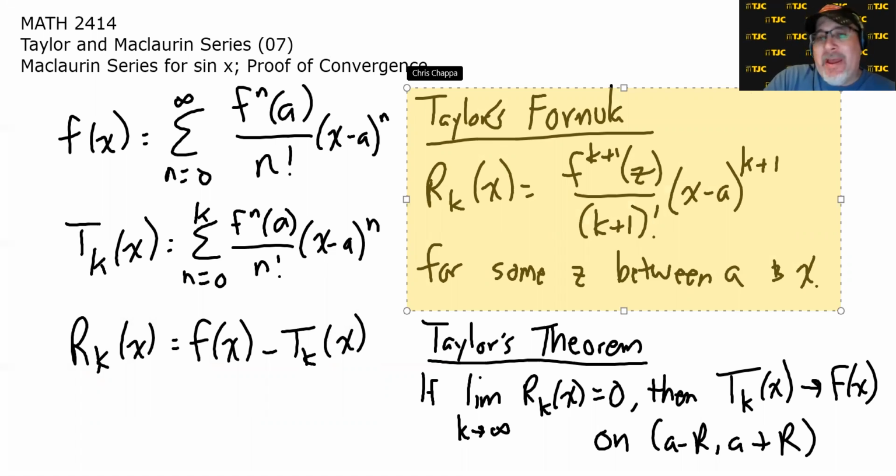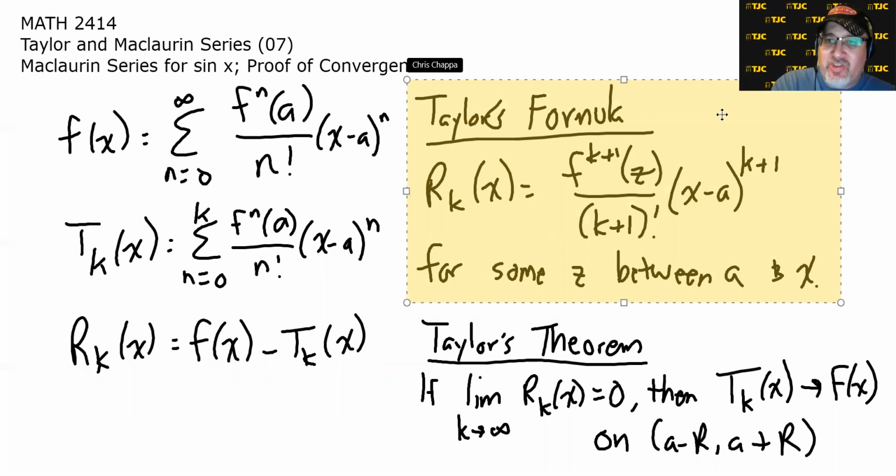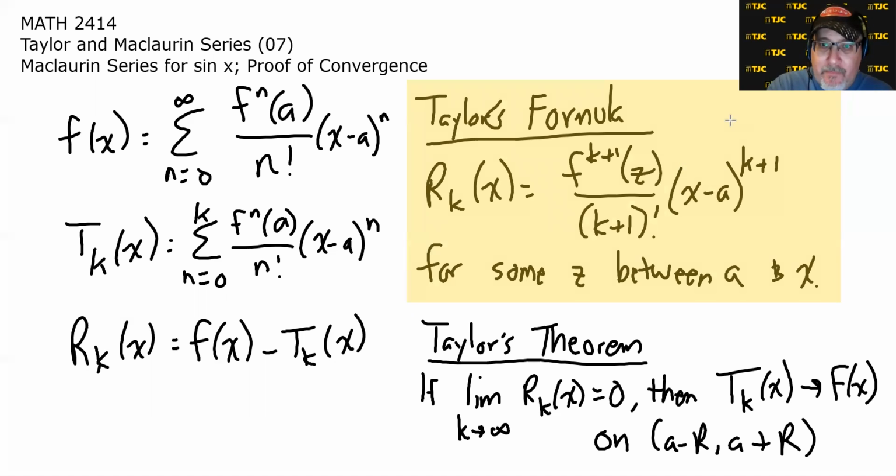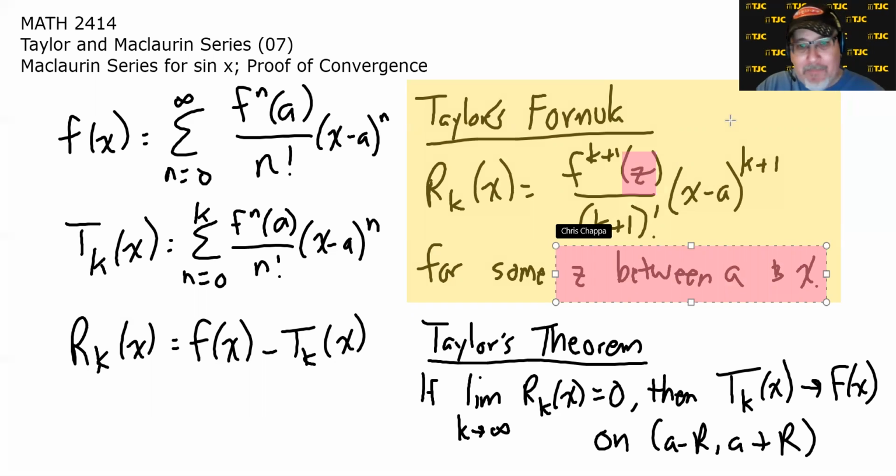Namely, the kth remainder is equal to the k plus first term from the Taylor series, but not evaluated at the center, but rather evaluated at some number z, where that z is between the center and whatever x you put into the function at the time.